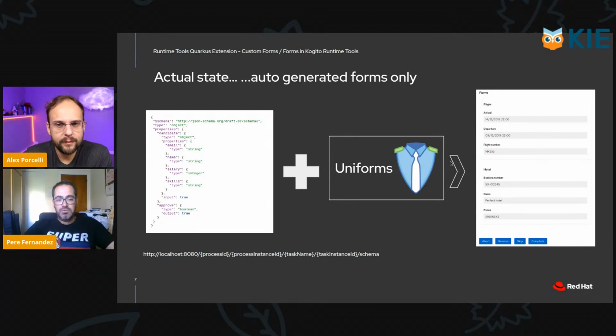Uniforms is a React library that does this work really well. You can plug in different themes, and we have a PatternFly theme especially for it that helps us in this area. So that's what we have at this point: only auto-generated forms.